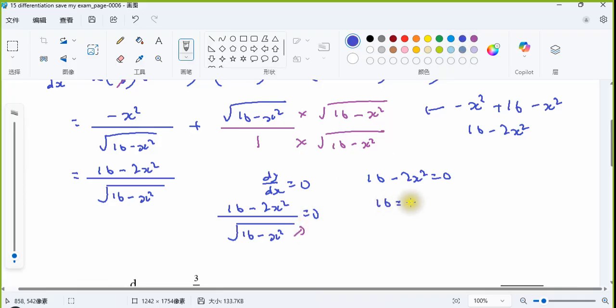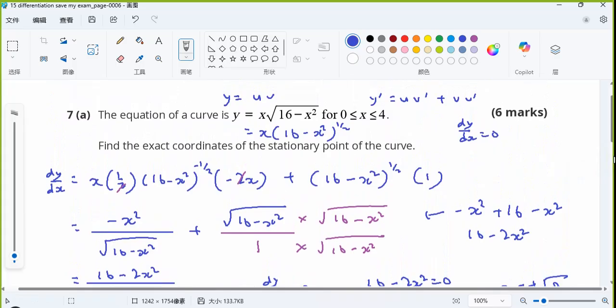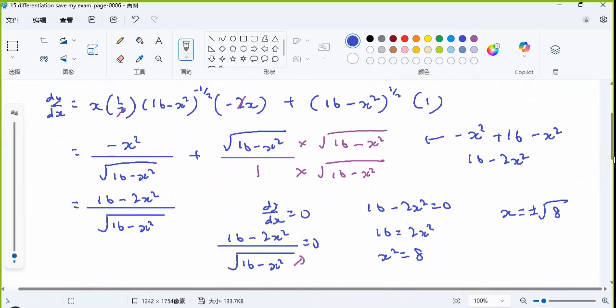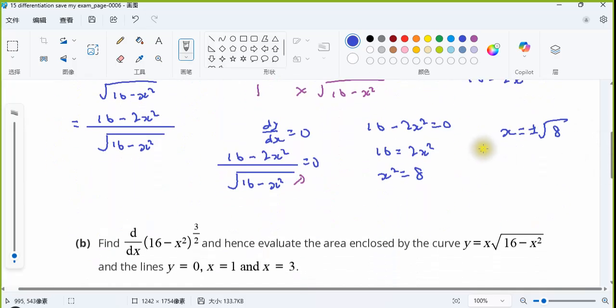So we have 16 equals 2x squared, x squared equals 8, and then x equals plus or minus the square root of 8. And then x is between 0 and 4 only. So x is 2 square root 2.